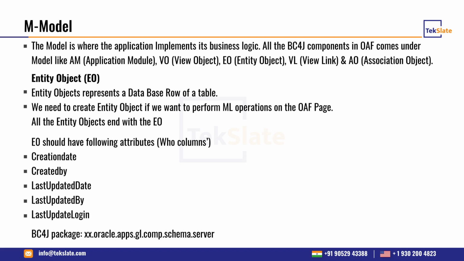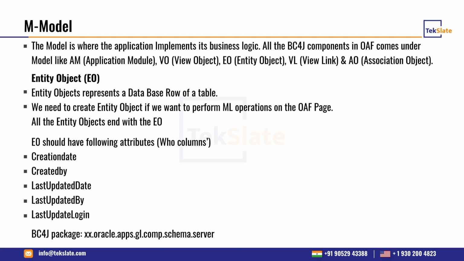We need to be careful: once we are creating the EO objects or the database objects, these columns should be mandatory while creating the table or the view. The folder structure of these entity objects and all the EO objects can be found under XX Oracle Lab, then whichever module we are using.